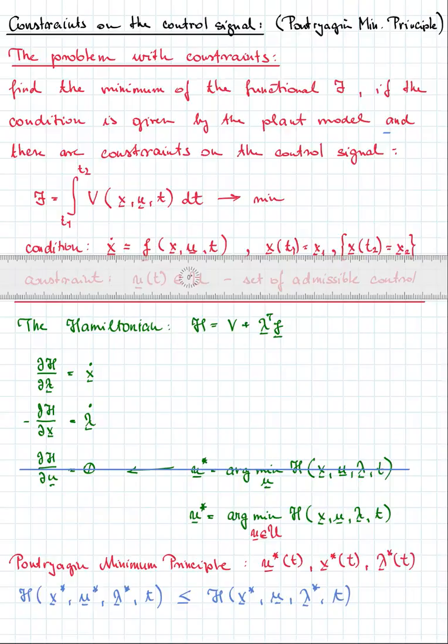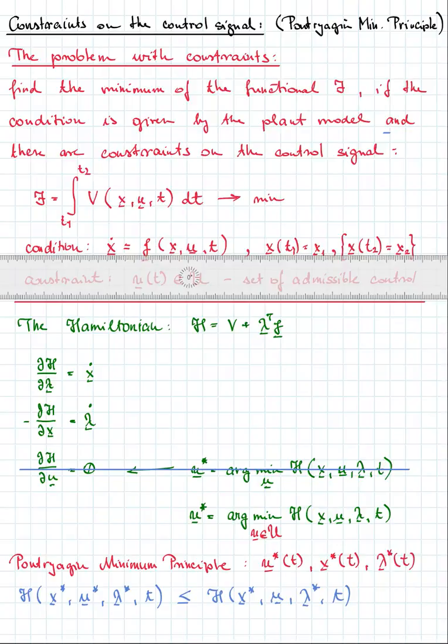So u is in the set of the admissible control, and we can get u star by the solution of this constraint minimization problem. And this is the so-called Pontryagin minimum principle.